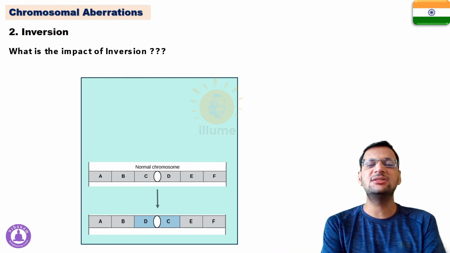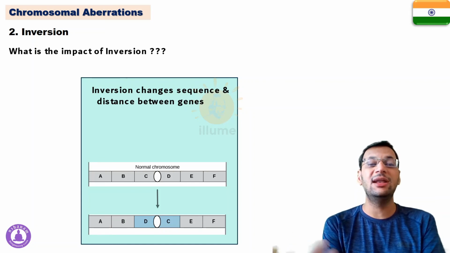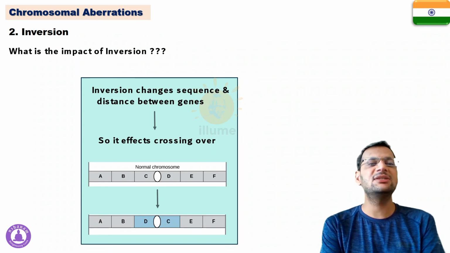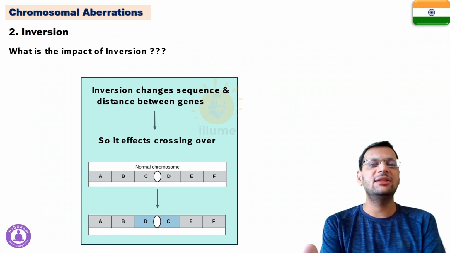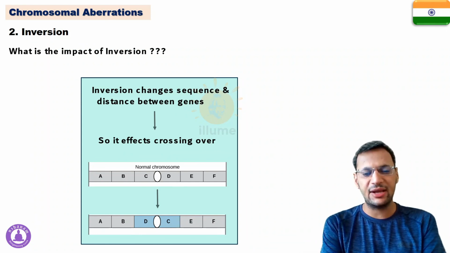So in this case there is a change in the sequence of genes. That's why there would surely be a change in the percentage of crossing over or linkage, thereby changing the entire genetics. So it basically affects the crossing over, affecting the entire genetics. That's how inversion creates an impact.